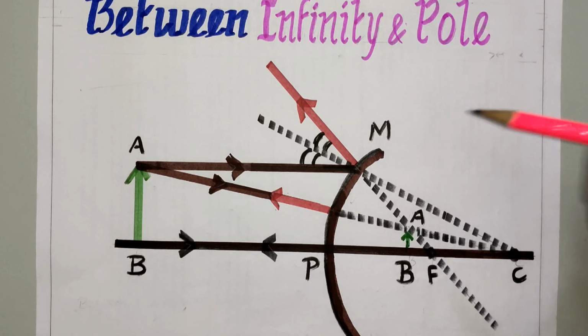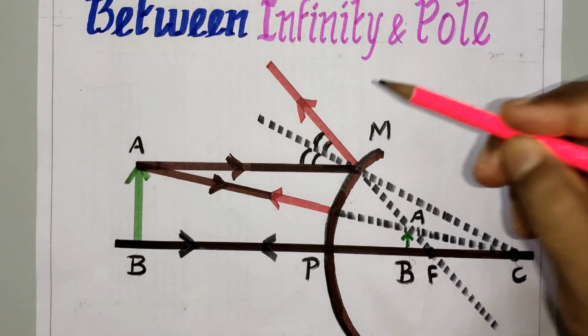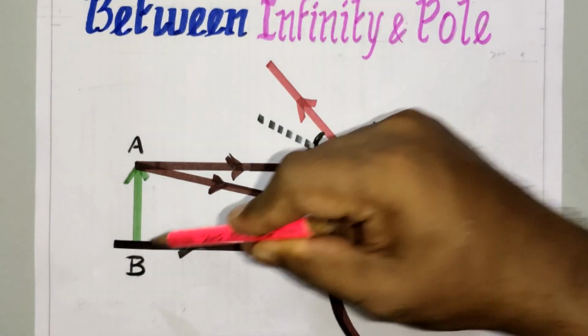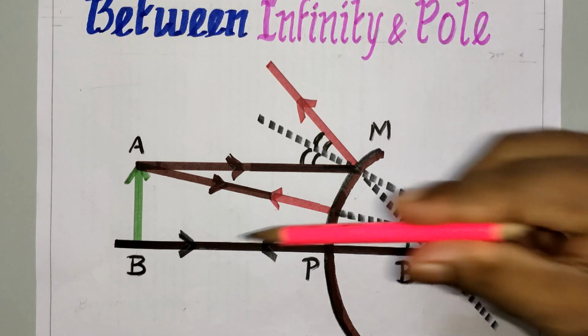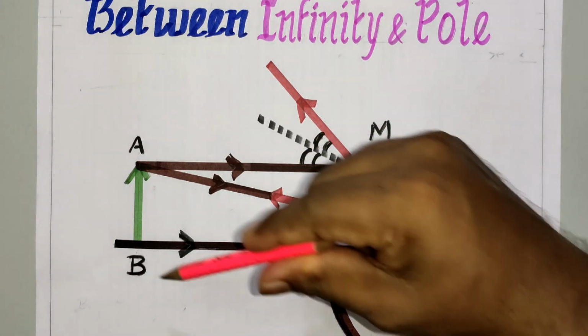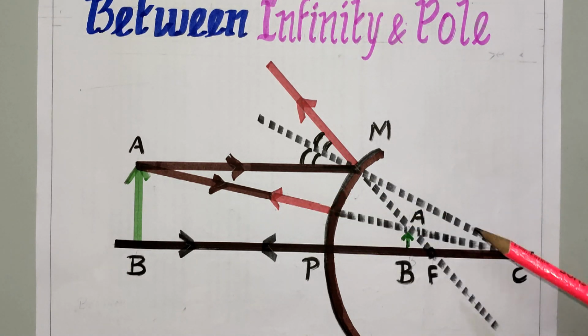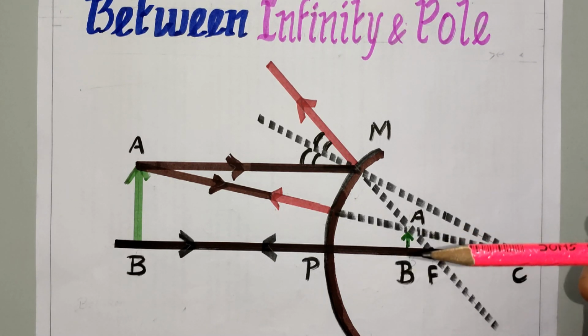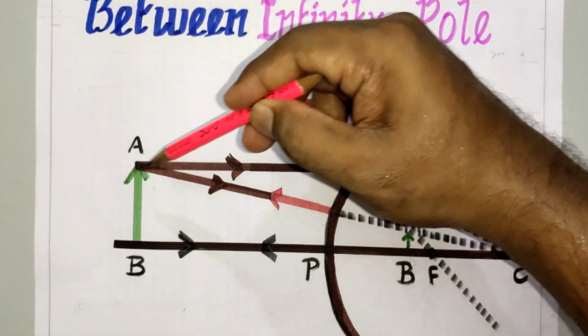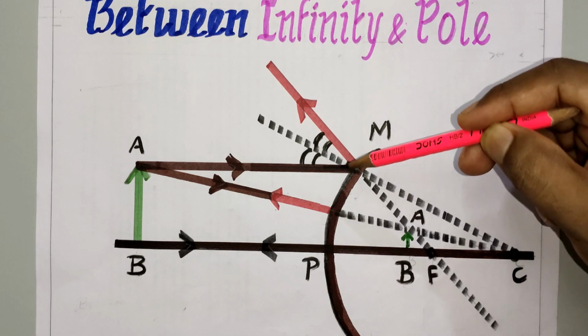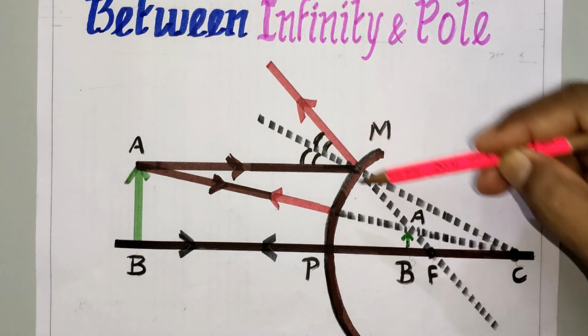Now the second position, yes, the last position, between infinity and pole. If you place an object between infinity and pole at any place, we will get the image behind the mirror only. How? From the 4 rules, we may take any 2 rules. According to rule 1, if the light rays travel parallel to the principal axis, they will reflect through focus.